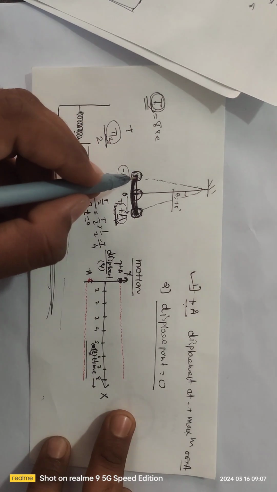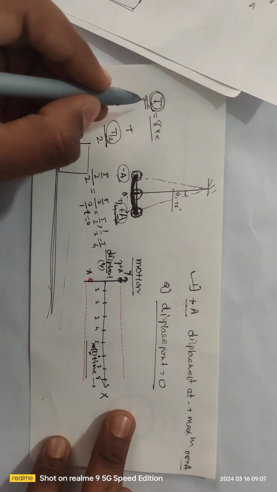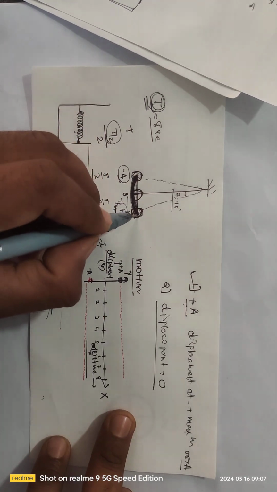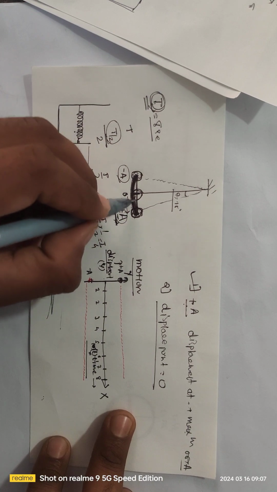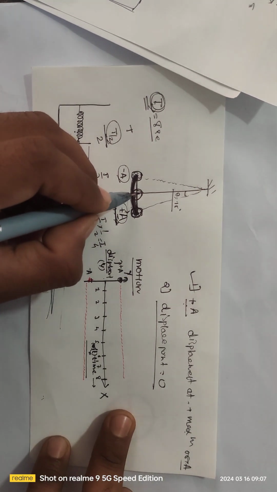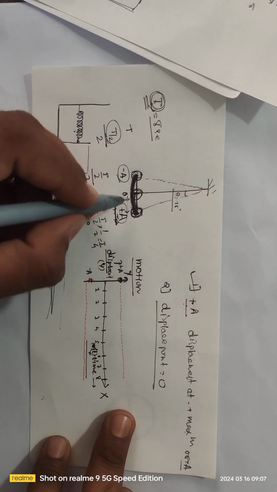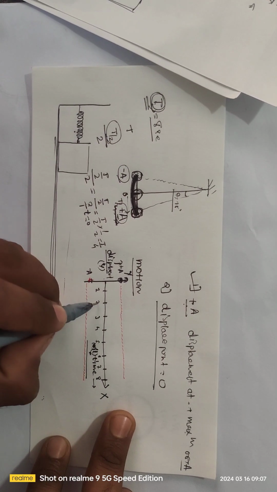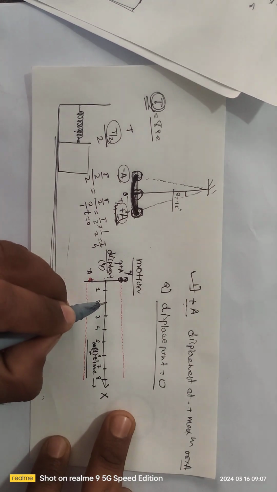One period T is equal to 8 seconds, so it is 4 seconds and again 4 seconds. To reach the equilibrium position it will take 2 seconds. That means after 2 seconds the position of the particle is at the origin, here.